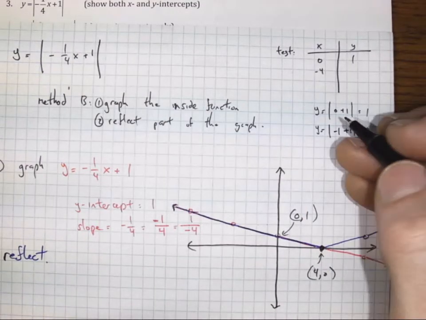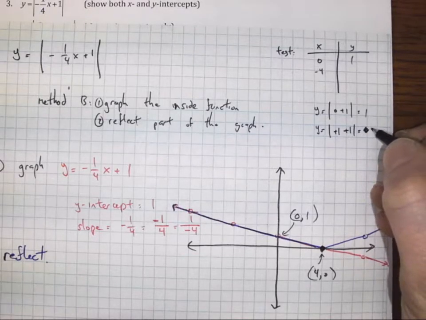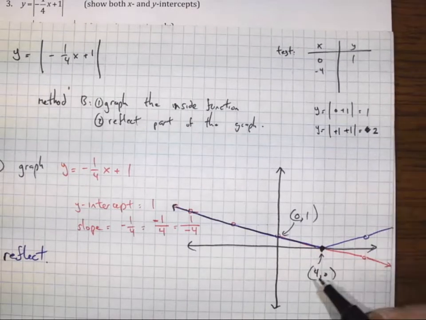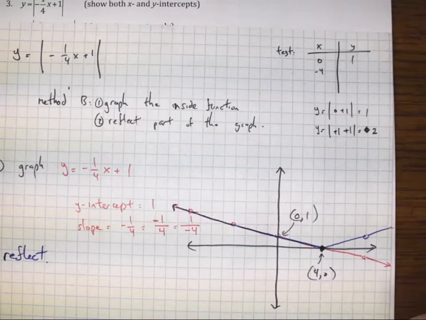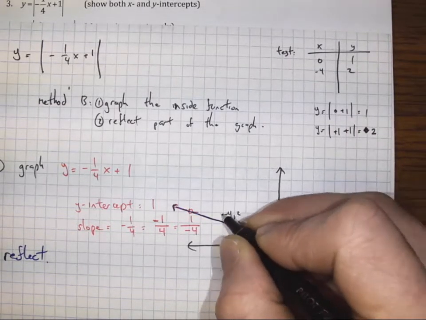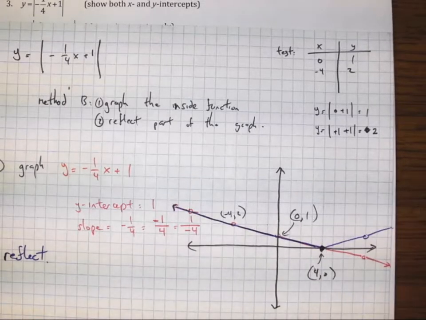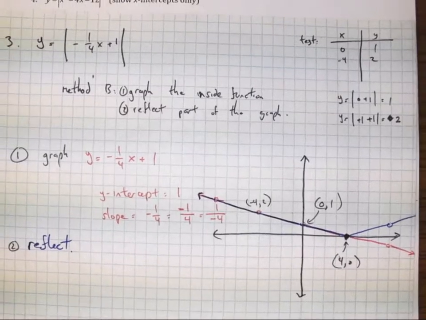So negative, negative, that's going to make it positive. That should be the absolute value of 2. Weird. And we get a value at negative 4 of positive 2. So we're looking good. All right. So that's the points negative 4, 2 and 0, 1. All right. Let's move on.